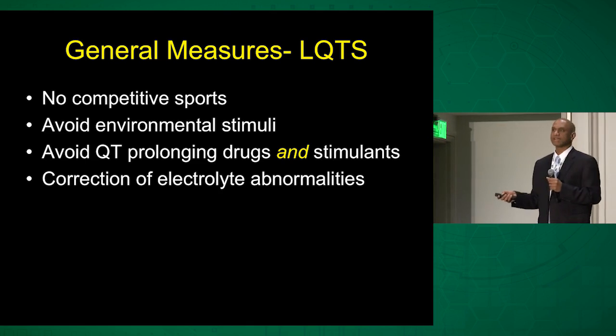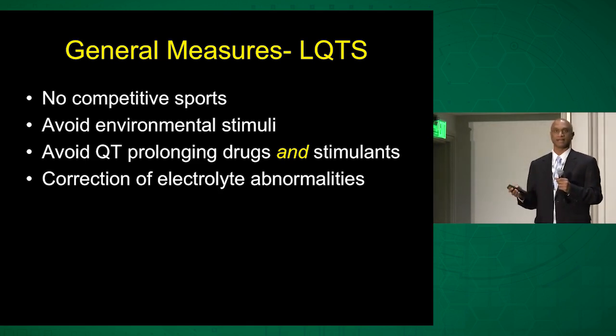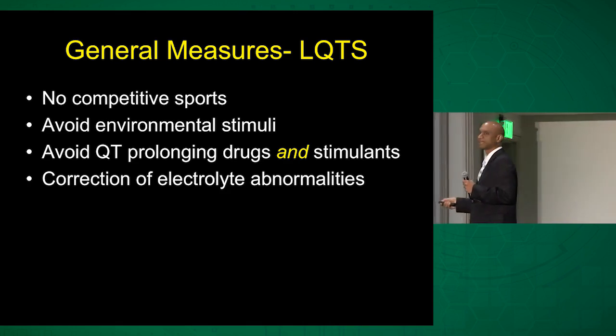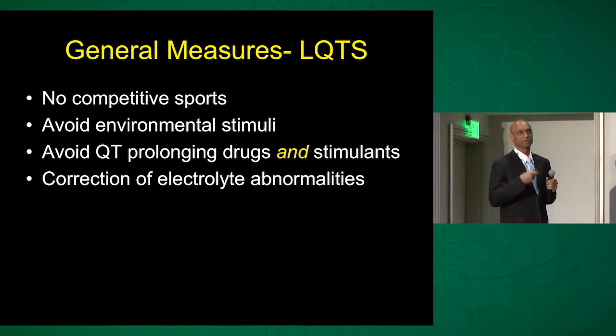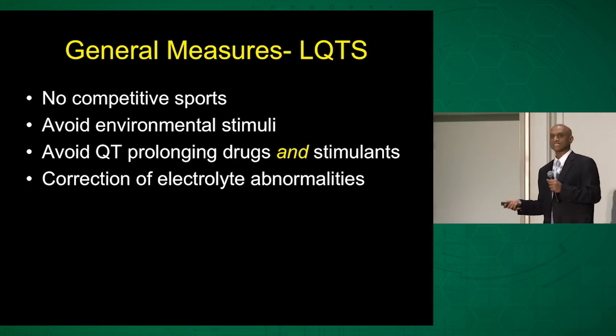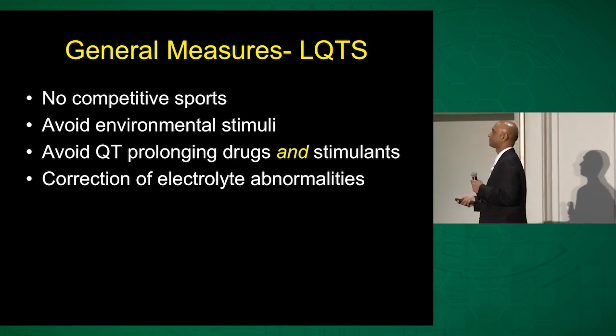QT prolonging drugs have to be avoided like in any patient with long QT, whether it's congenital or acquired. But in addition to the QT prolonging drugs, stimulants also have to be avoided in congenital long QT patients because they can trigger episodes. Of course, potassium, magnesium, and other electrolytes have to be repleted to normal.